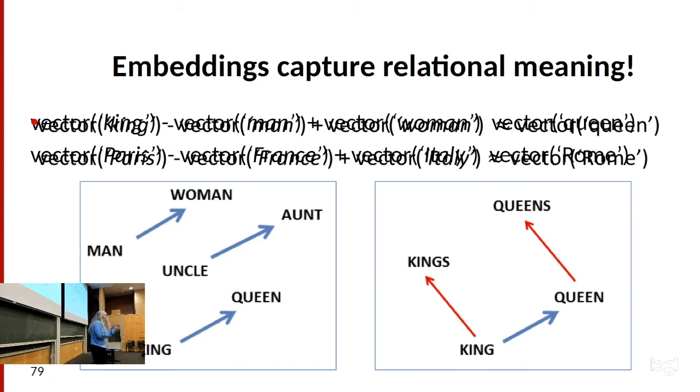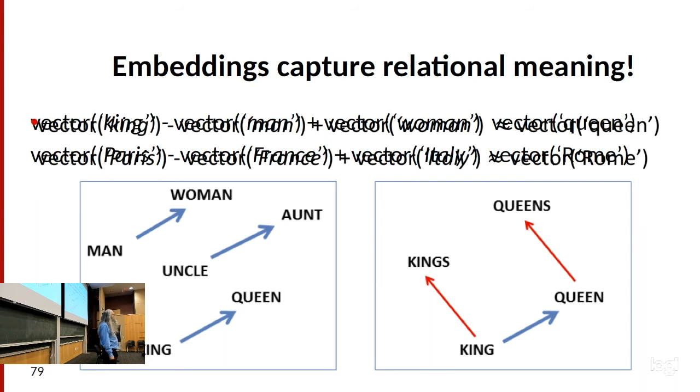If you have a representation in this 300 floating point space, you can do arithmetic on it, you can do subtraction and addition, okay? And it appears that if you take the representation for king, and you remove the representation for man from it, and you add the representation for woman to it, you get close to the representation of queen.